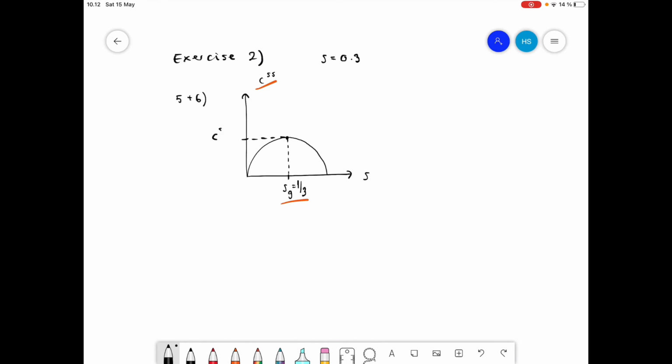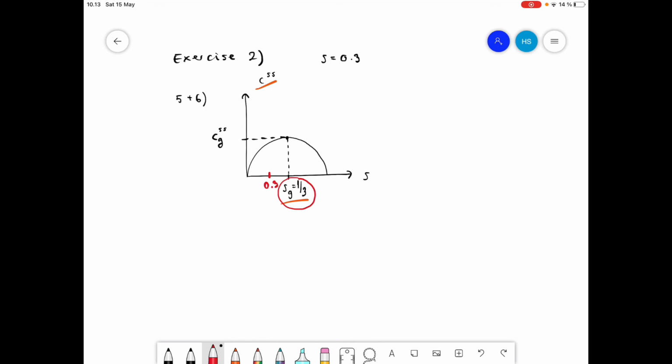So here is the consumption level in steady state if the savings rate is equal to the golden rule savings rate. Right now we have that the savings rate is equal to 0.3. That is to the left of the golden rule savings rate, because we found earlier that the savings rate that maximizes consumption in steady state is 1/3.